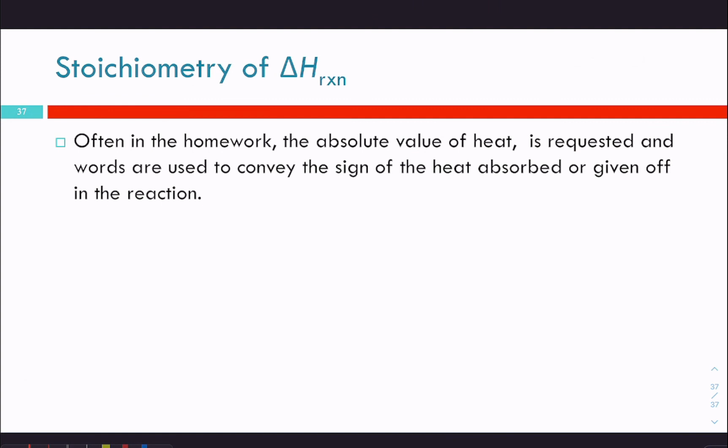Well, that was the last problem. And just a note to help you out in the homework, the absolute value of heat is requested, and then they use words to convey the sign. So they'll say it's this amount of heat that's produced in an exothermic reaction, which would be a negative sign.